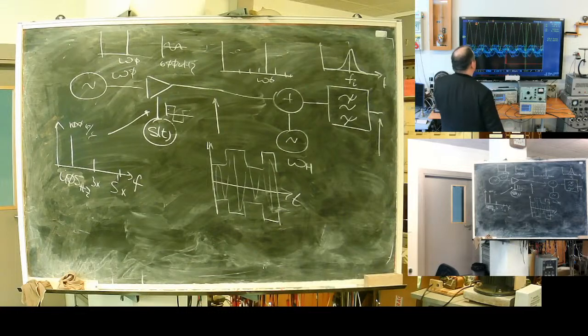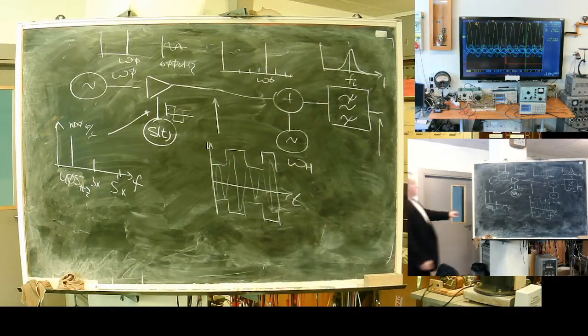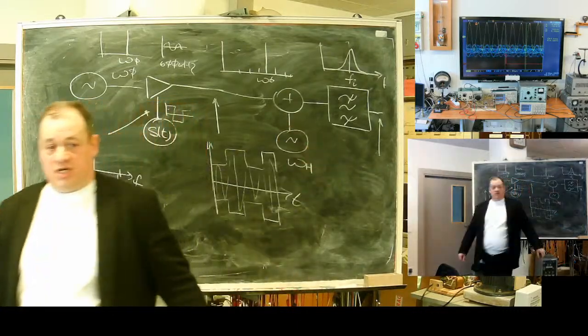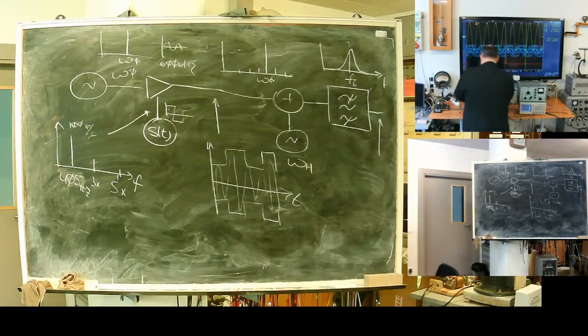Here is the signal of the heterodyne, 900 kilohertz. Now the yellow line shows the signal of this generator. It's adjustable. 900 kilohertz.